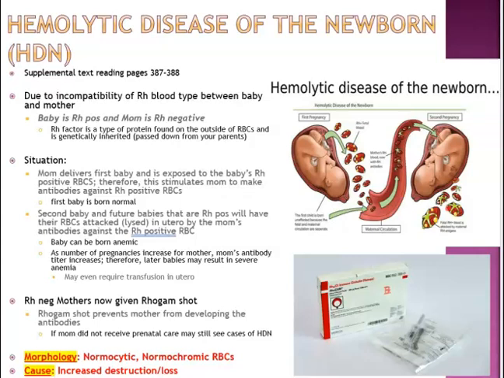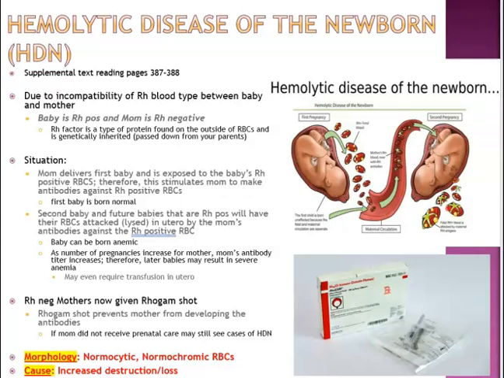But the situation is the mama delivers the first baby and is exposed to the baby's positive Rh. Therefore, this stimulates the mom to make antibodies against the positive red blood cells. Again, the mother is Rh negative. So the first baby will be born normal because the mother doesn't have any antibodies to start with. Okay?